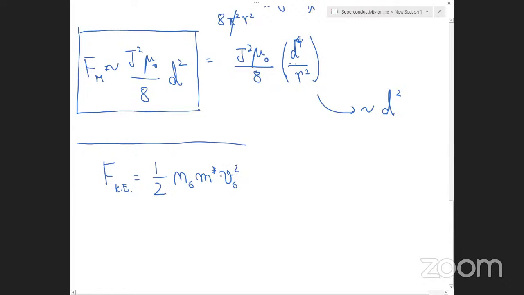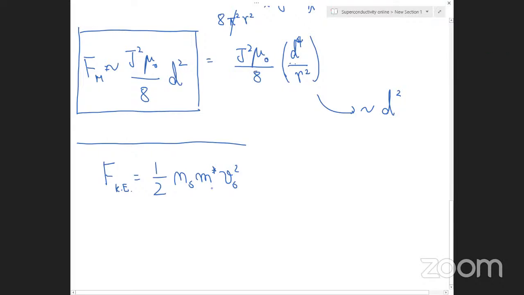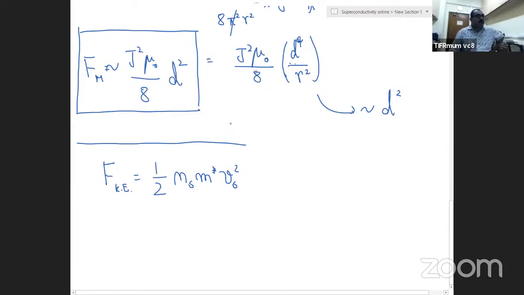Sir, how these two radius are comparable? Which one are comparable? Are you just talking about the dimension of length, or I am basically talking of the maximum value. The maximum value is this. Then as R increases, it will decrease further.